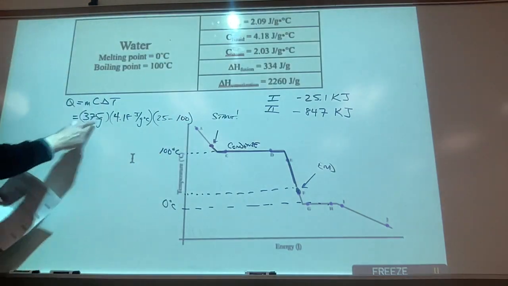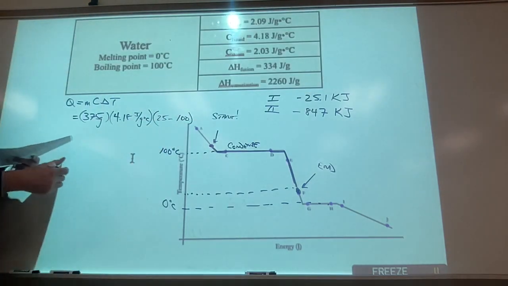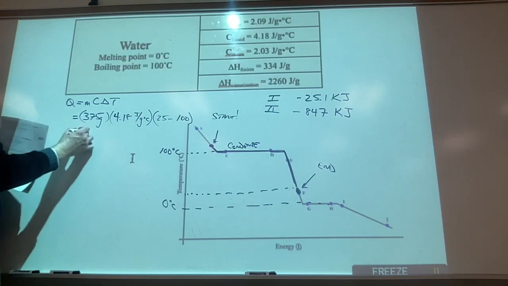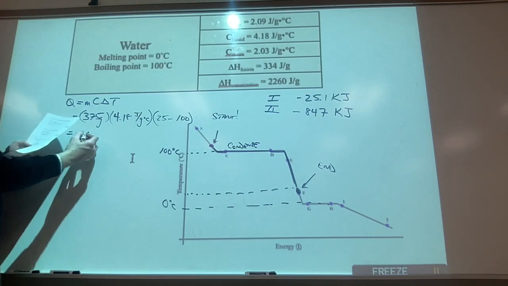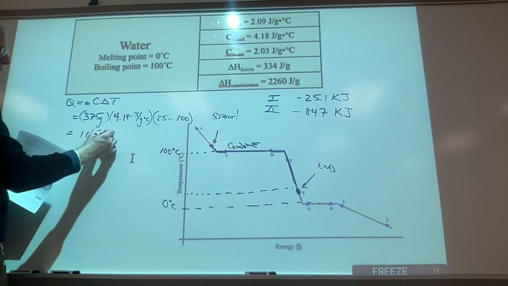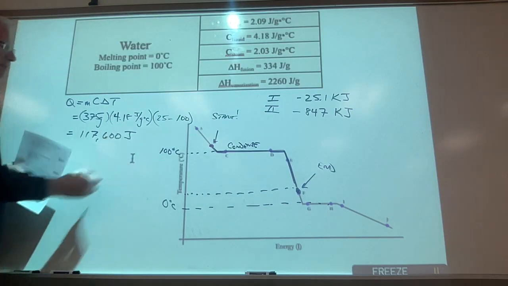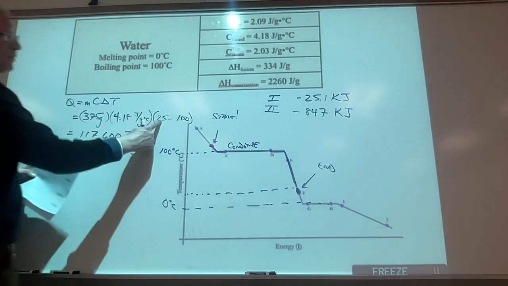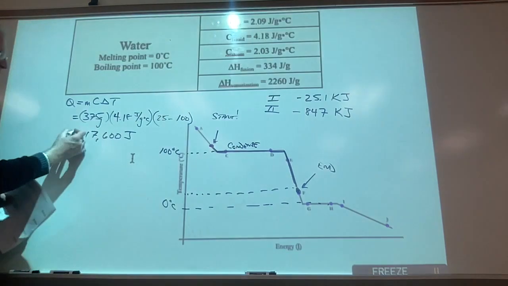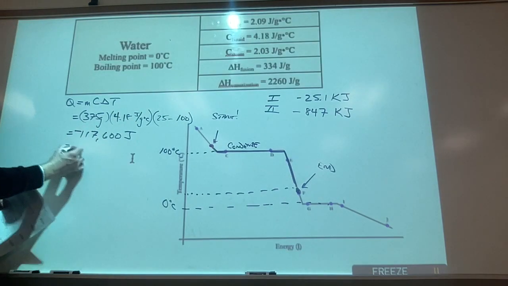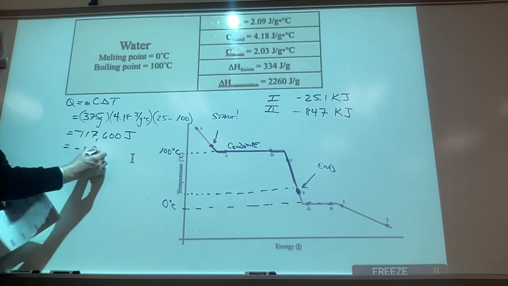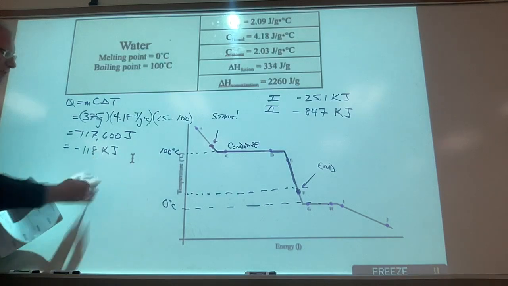Okay. If you multiply these 3 numbers together, you are going to get yourself 117,600 joules. And again, 25 minus 100 is negative, so this is a negative number, which I'm just gonna say is 118 kilojoules.